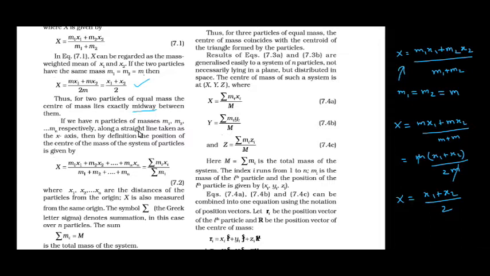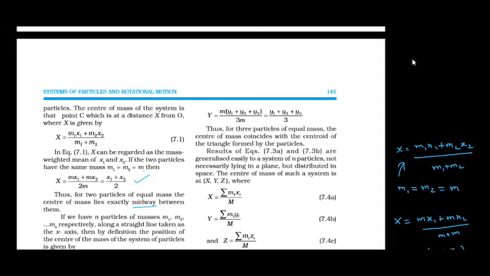Now if there are n particles, and all are lying on the x-axis, then the center of mass can be written as X is equal to m1 x1 plus m2 x2 plus dot dot dot mi xi or mn xn upon m1 plus m2 plus dot dot dot mn.